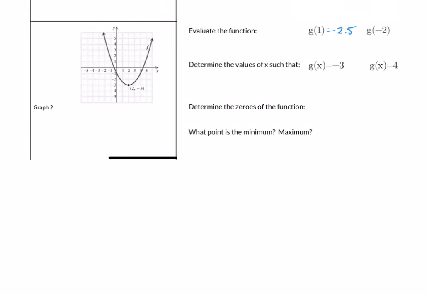All right, if we look at g of negative 2, again, negative 2 is an x coordinate, so we're going to go 2 to the left. And how far up do we go? It looks like we go up 5. So g of negative 2 equals 5.